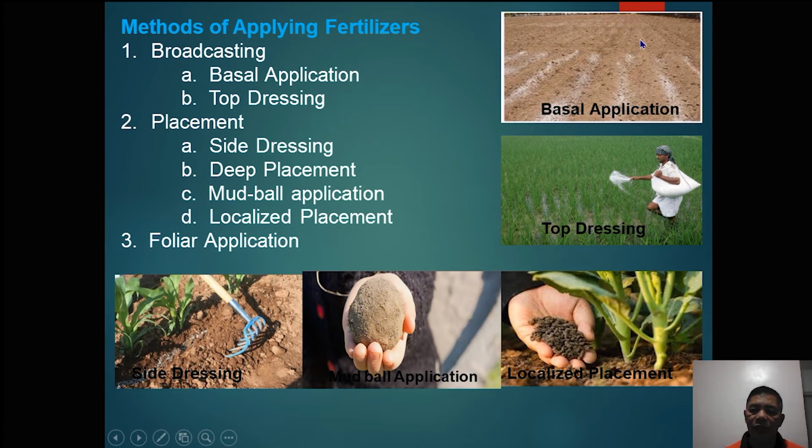Since there are two furrows in the rows of plants, this is what we call side dressing. Common in vegetable production.